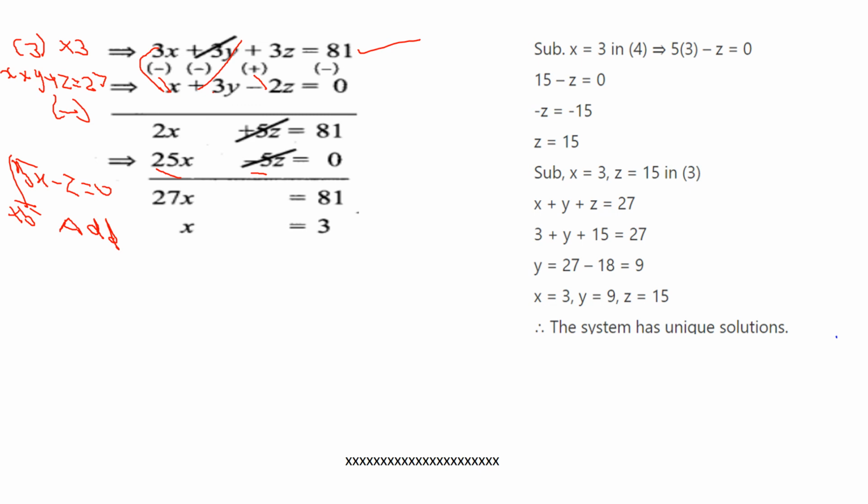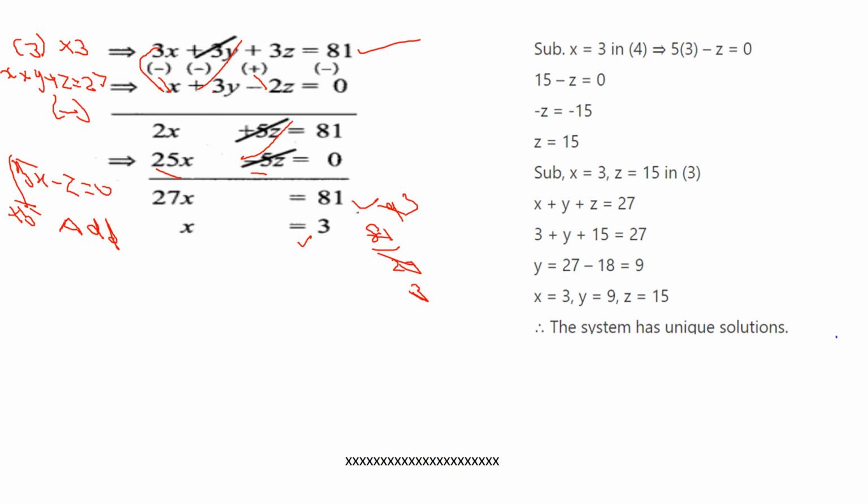Here unlike signs cancel, 81 plus 0, 81. And 27x equal to 81 means x equal to 81 by 27. Cancel with the 9 table: 3 nines are 27, 9 nines are 81, 1, 3. x equal to 3. Substitute x equal to 3 in the fourth equation.